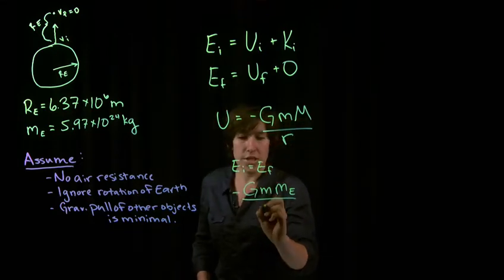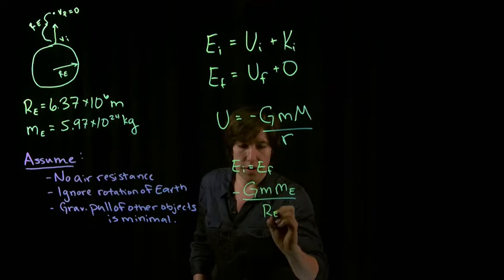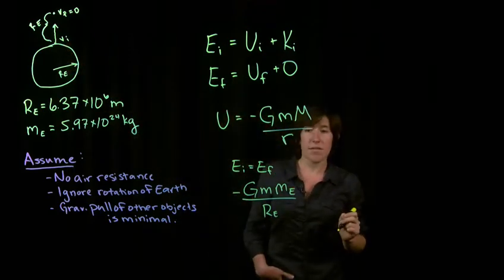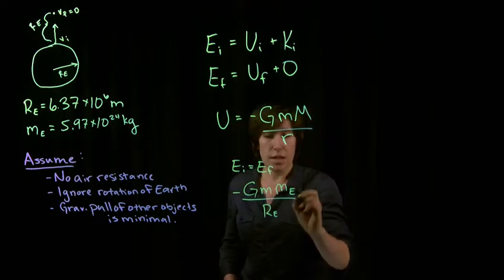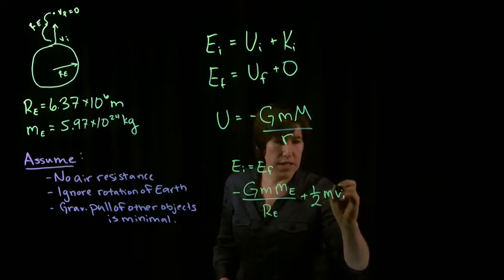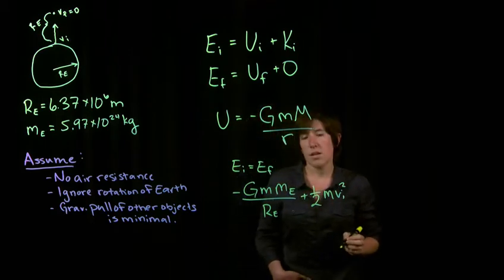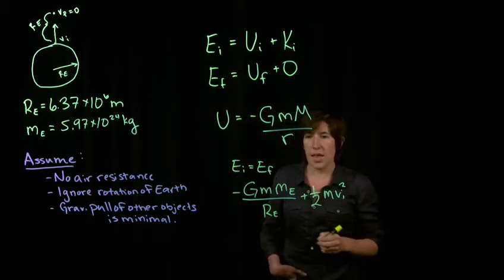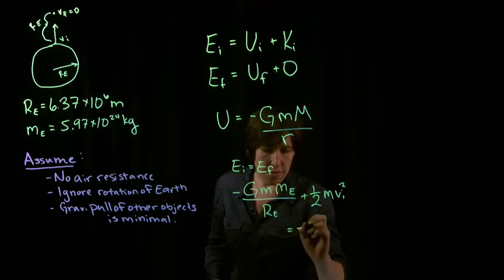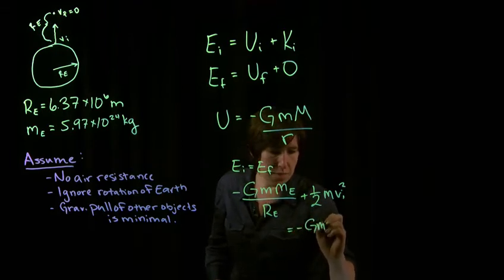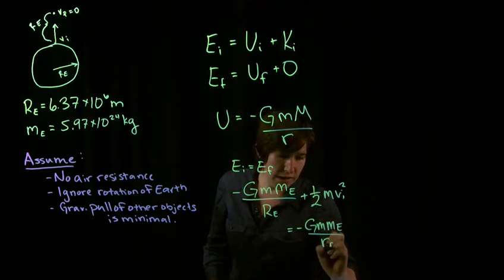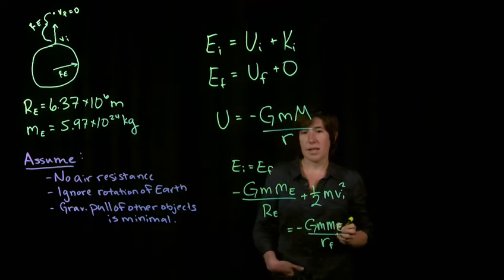So their initial position is at the radius of the Earth. They're standing right on Earth's surface, so they're a distance of the radius of the Earth away from its center, plus 1/2 m, their initial velocity squared. And then finally, they're going to have potential energy negative G m, the mass of the Earth, times, I'll just write r final, since we have two cases that we're considering.